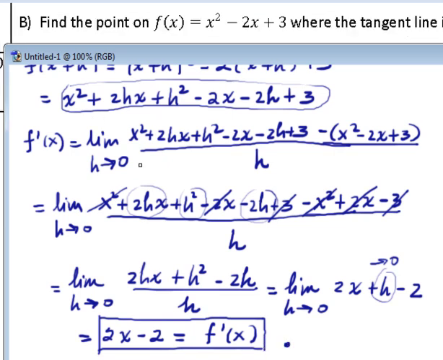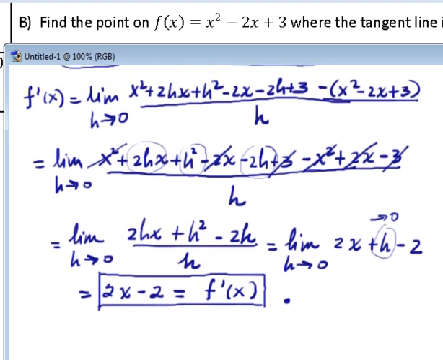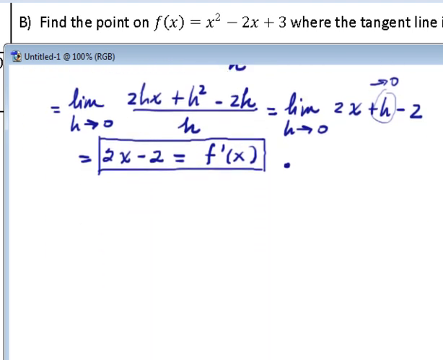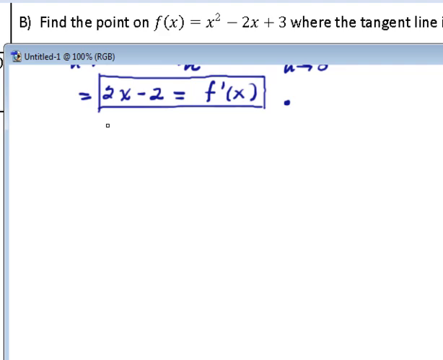In 26b, we want to find where the tangent line to the same function is horizontal. So now we're doing part B. Remember that the horizontal line has slope 0.